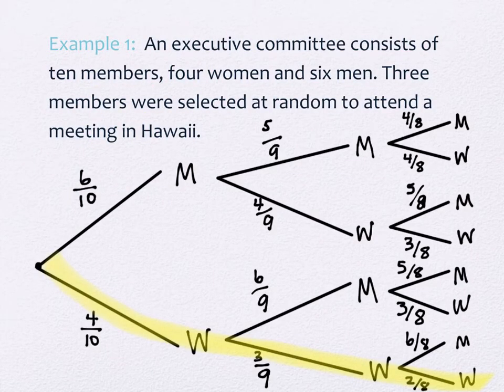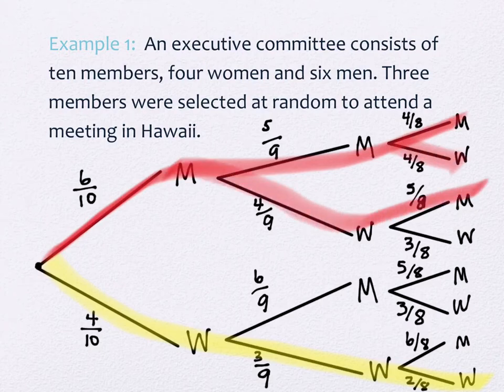If you have some sort of a color that you can mark them in some way, mark all the branches that you see that have at least one man selected.